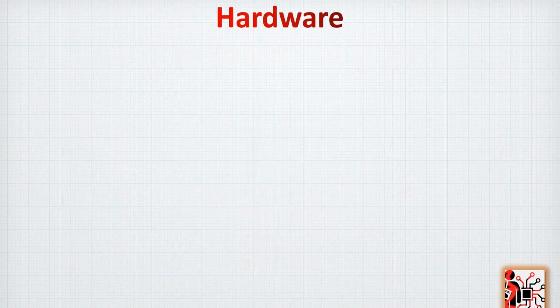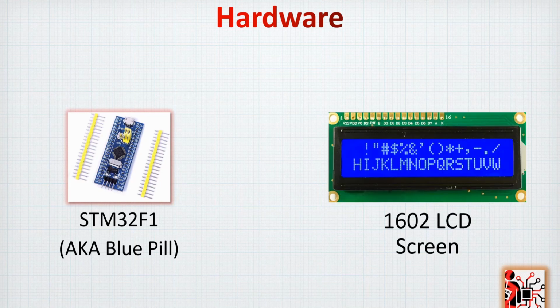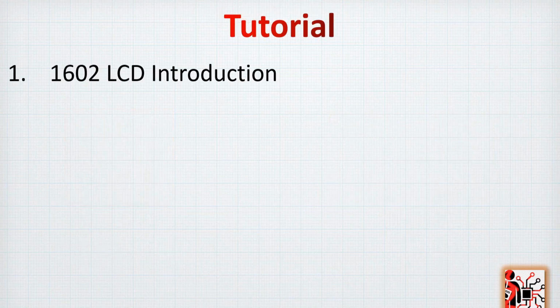Okay, the hardware that we are going to use is for sure the STM32F1 and the 1602 LCD screen. So for this tutorial, the first step, we are going to introduce this 1602 LCD. So we are going to take a look at the main options and some of the specs for this LCD.